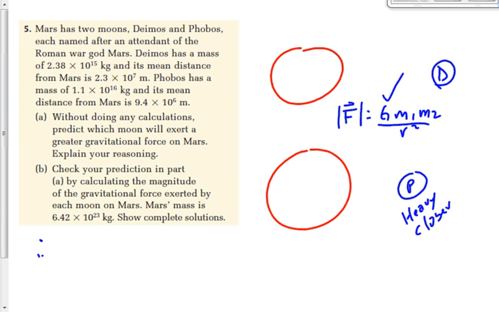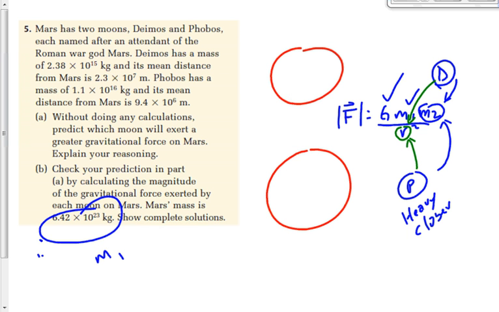Same value of G for both of them. m1, we'll say, is the mass of Mars in both cases. m2 is the mass of Deimos and the mass of Phobos, depending upon which one you're doing. r is the distance for Deimos and for Phobos. Plug them in. I don't know what numbers you get, but it doesn't matter. We know that the force of gravity between Phobos and Mars is going to be bigger than the force of gravity between Deimos and Mars.